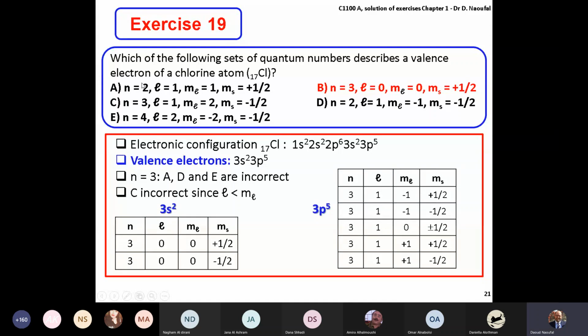Then we look at the proposals and we find that B is correct. 3, 0, 0, plus half exists in the first table. But this method takes time. So it's better to use the thinking and elimination method.